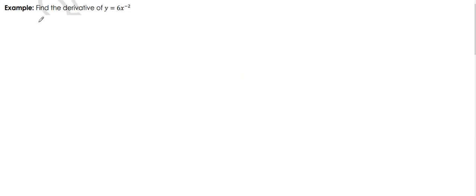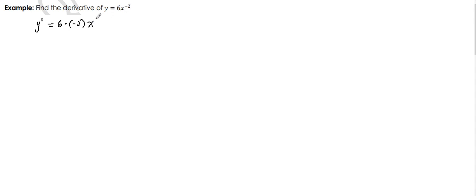Let's try this example. So we have y equals 6x raised to negative 2. Okay, so again, to get our derivative, we can write y prime is equal to, copy the constant, and derive natin ito x raised to negative 2. So since our power is negative 2, we will just write negative 2 and then copy the base and then subtract 1 from negative 2.